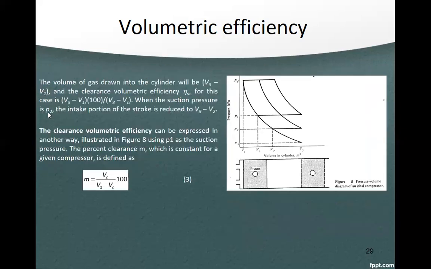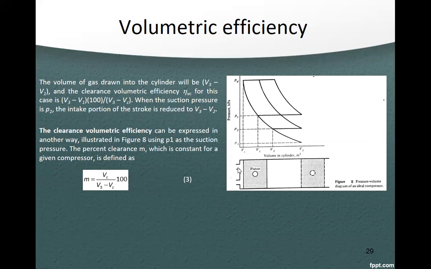Okay. The volume of the gas flow into the cylinder will be V3 minus V1. So, the clearance volumetric efficiency is ηVC, for this case, equal to V3 minus V1 divided by V3 minus VC, times 100. Kasi di sa umabot.